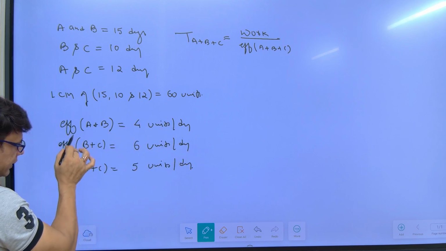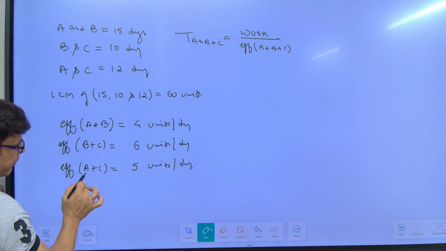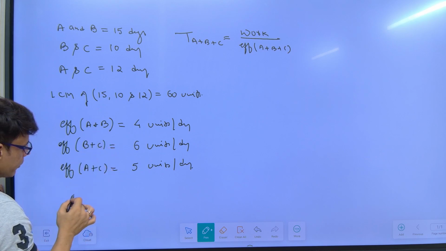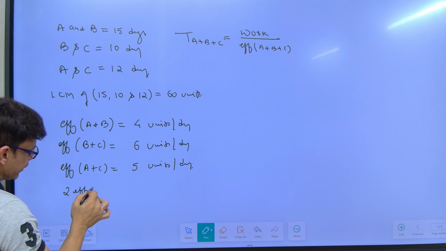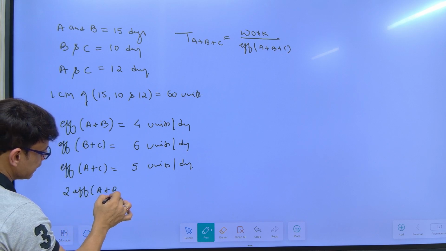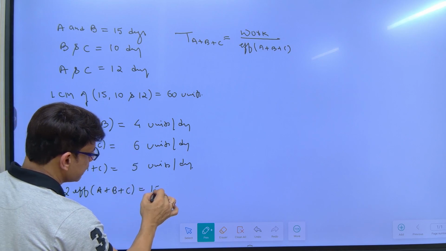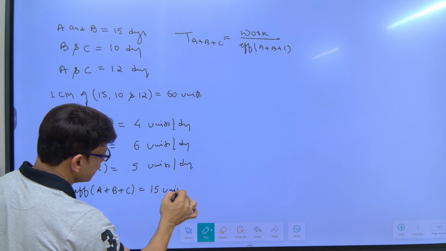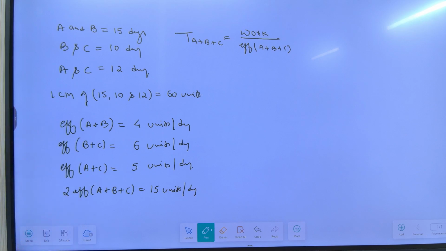When you add these three equations, how many times do you have A? 2 times. How many times B? 2 times, and 2 times C. So this will give you twice the efficiency of A plus B plus C, which is equal to 10 units per day, right?